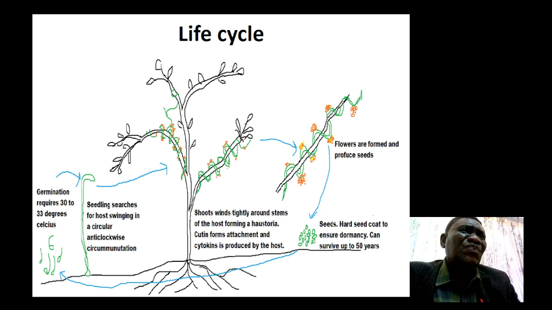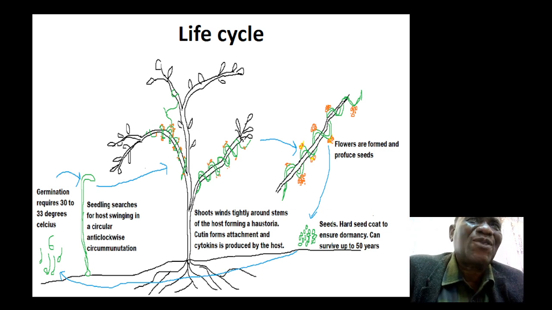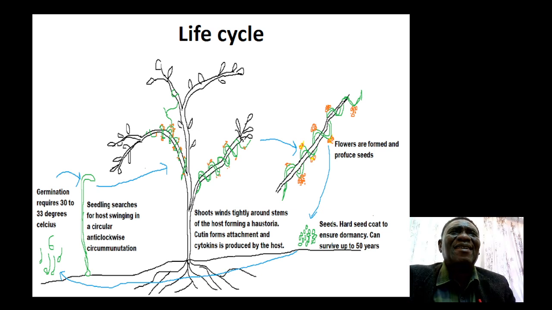These seeds do not require a germination stimulant, unlike the other parasites. Once there is moisture and you have temperatures of 30 to 33 degrees Celsius, you have seed germination.